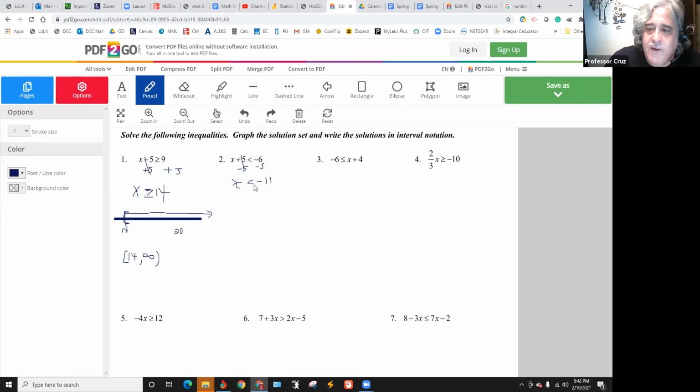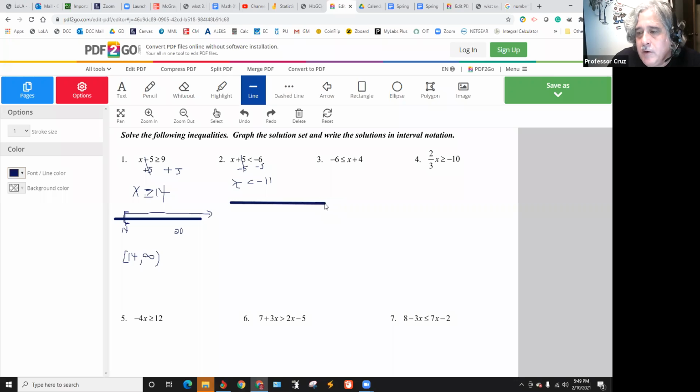Now, this is different now. It doesn't have the equal sign. So when we make that line, and like I said, it's all a matter of just giving some perspective. Negative 11, I'm going to let that be right here since we're going in that other direction. And down here would be like maybe negative 15.